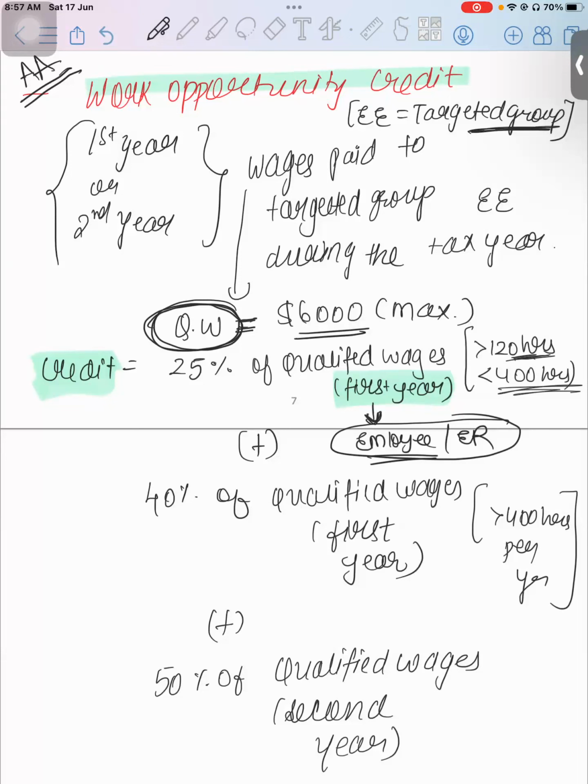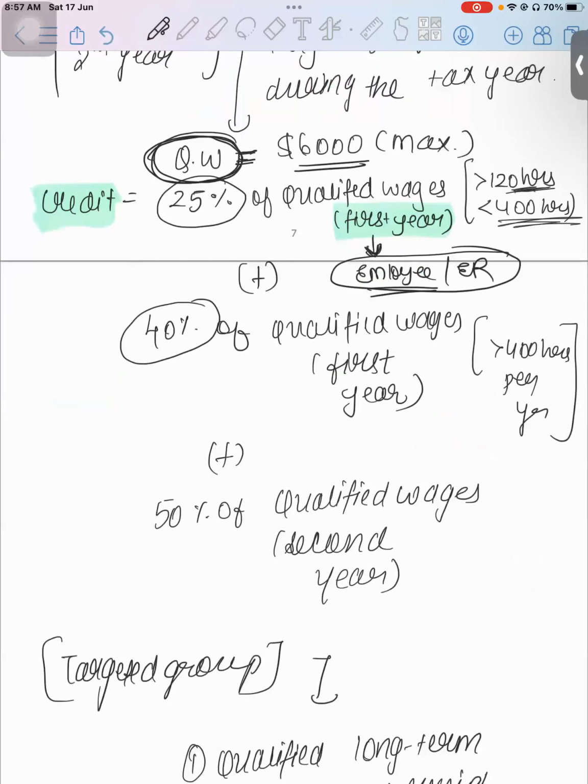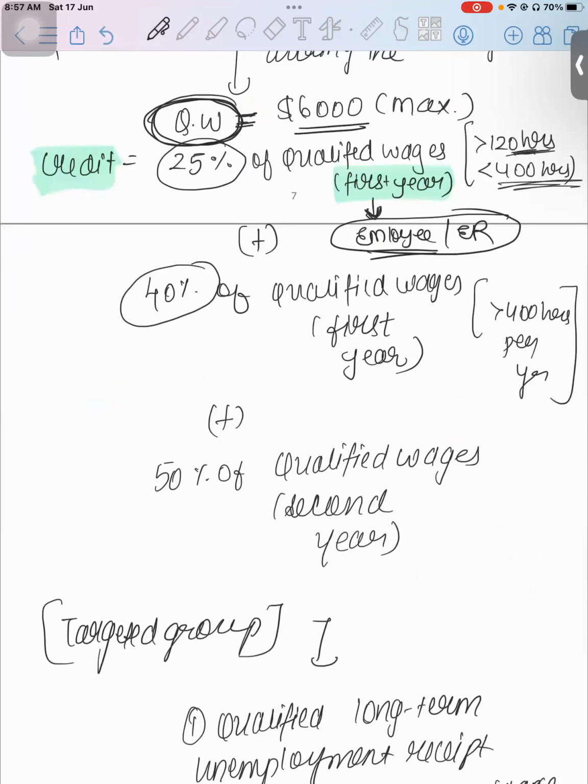Next is, if that particular employee has worked for more than 400 hours, then you can take 40% of his qualified wages. But the qualified wages should be up to a maximum of 6,000, not more than that. Okay, for the first year, you can take either 25% or 40%. Next, for the second year, this number of hours will not matter. See why this matters in the first year?